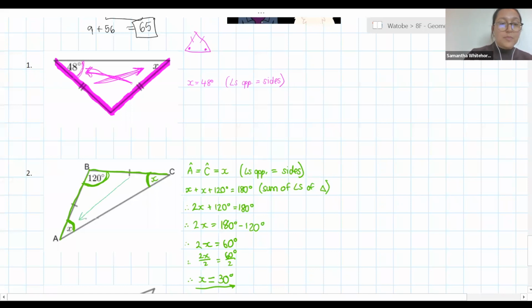Those angles opposite the equal sides, I only had X to work with. So I could say both of them were X, but I still then had to do another step to find out what that X value actually was. And that other step was using my sum of angles in a triangle.